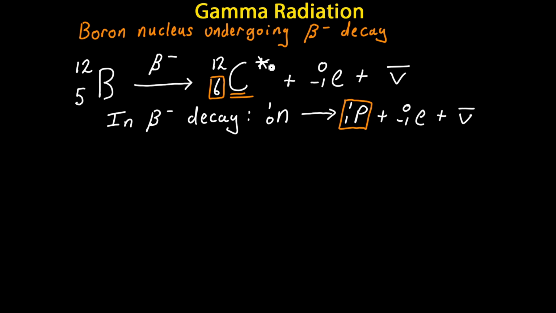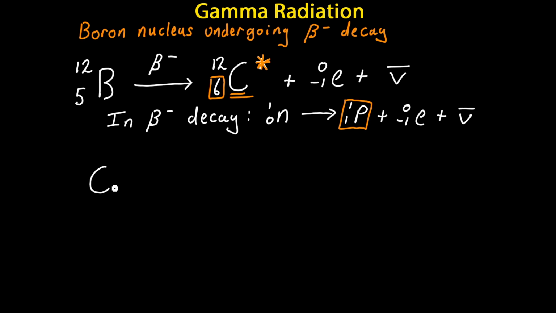But this new carbon nucleus is in an excited state, and we represent this here by an asterisk or a star. This means the decay series hasn't finished. In other words, the decay process is incomplete because the resulting daughter nucleus is still unstable.